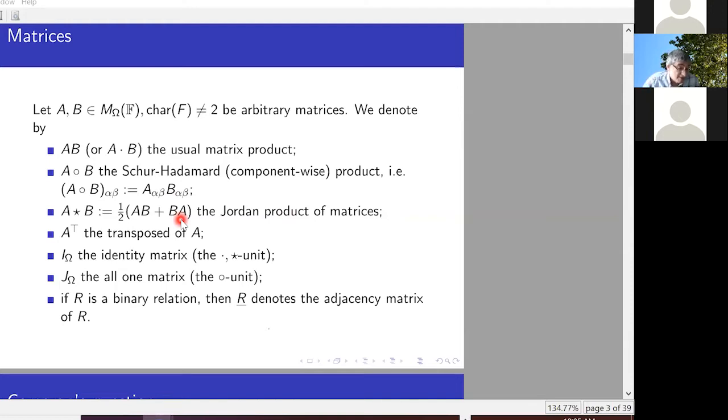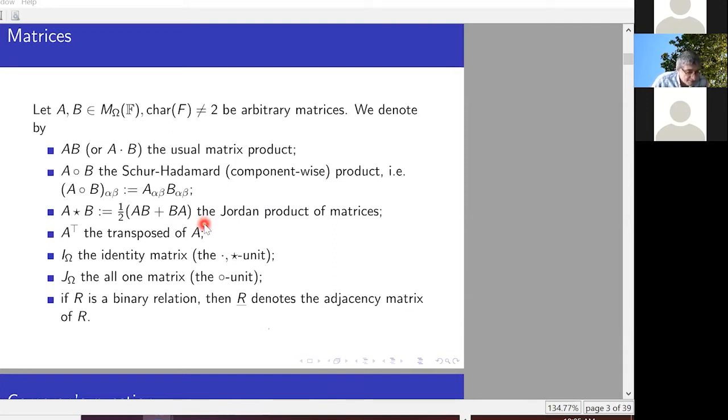The main disadvantage is that it is not associative. After he introduced this product, his ideas were developed, and nowadays we have an area in algebra called Jordan algebras, which is an area of active research.